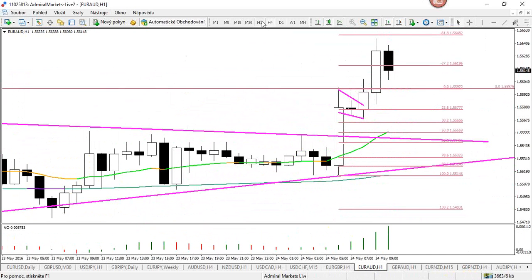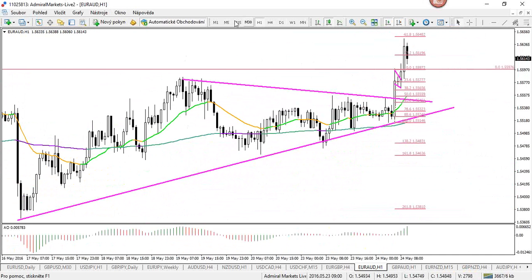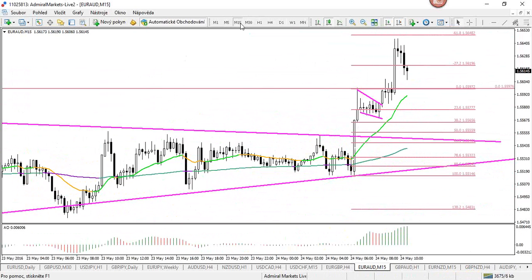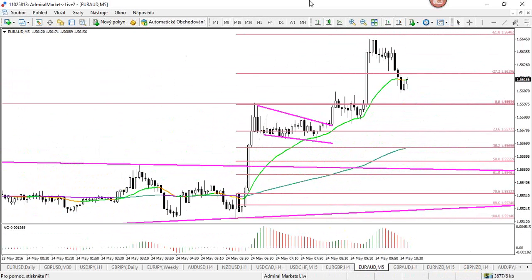Now at this moment, trying to see if there's probably a good chance of continuation. Let me check where the pivot points are, but I would think that this is still a decent support level right in here. It seems like we're making a zigzag correction.